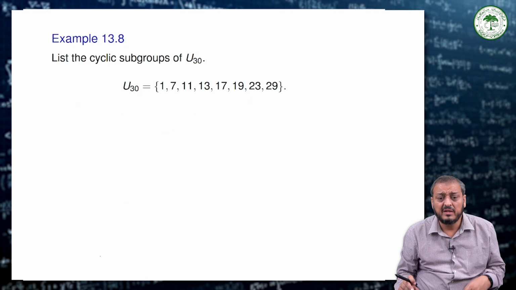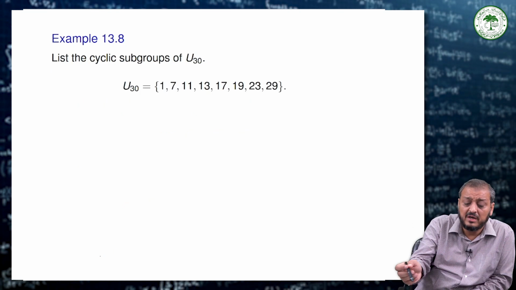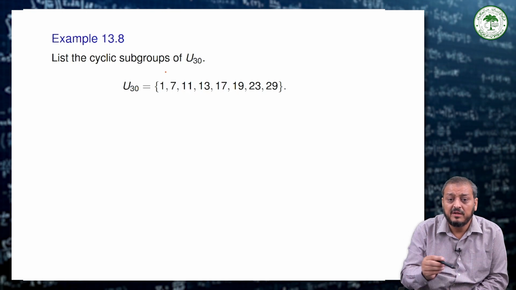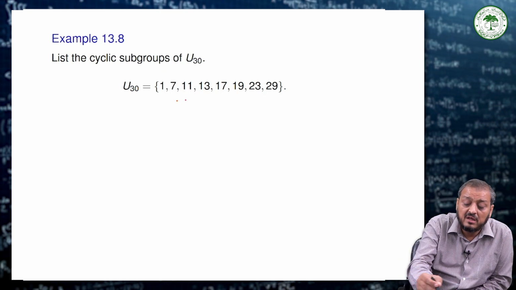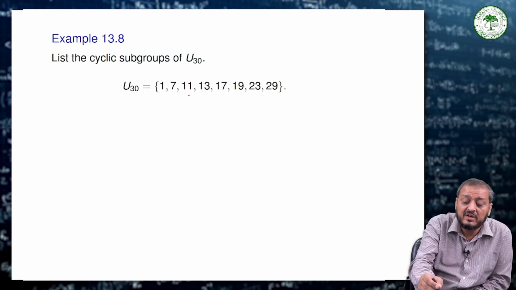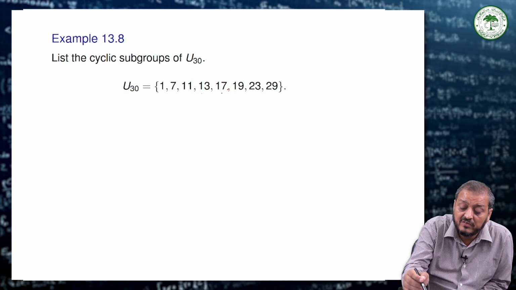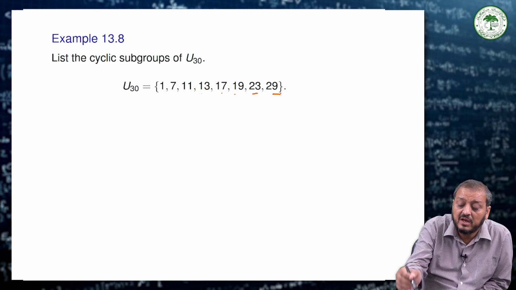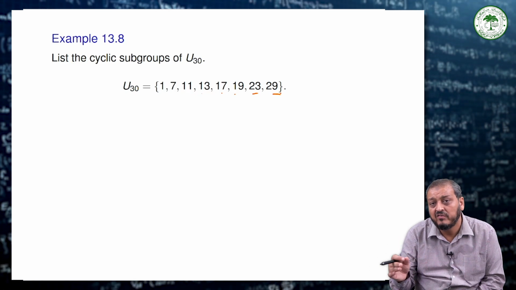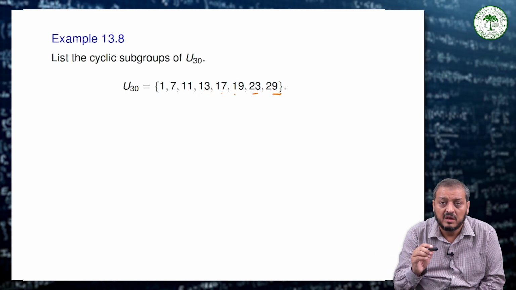Another example: suppose U30, and we list the cyclic subgroups of U30. These are the elements of U30: 1, 7, 11, 13, 17, 19, 23 and 29, the elements which are relatively prime to 30.